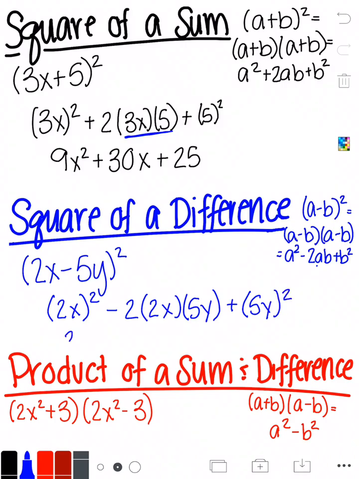So 2 squared is 4, x squared, minus, then we're doing 2x times 5y, which is 10xy times 2 is going to give us 20xy, plus 5 squared, which is 25y squared.